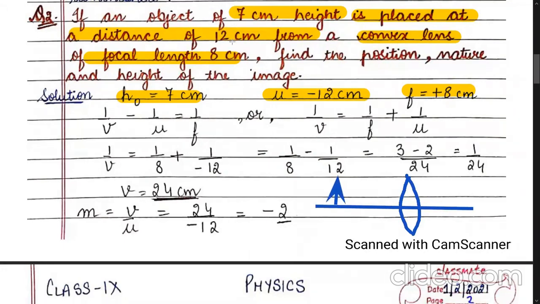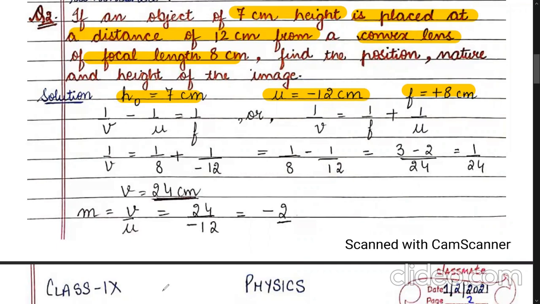We are always taking object in front of lens. So that means our U will be always negative. Thus here also I have taken U as minus 12 centimeter.